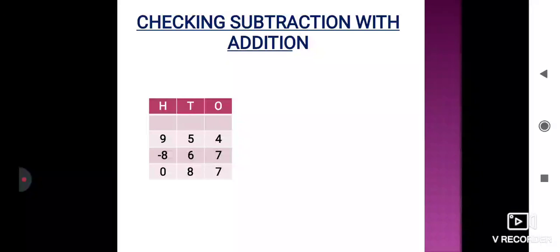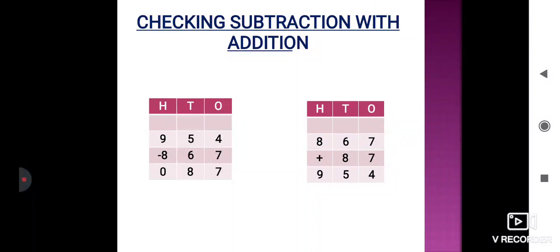Suppose you have subtracted and you got 87 as your answer, as your difference. The answer of subtraction is known as difference. So here the difference is 87. Now how will you check whether your answer is correct or not? Children, you can easily check it by adding two numbers.